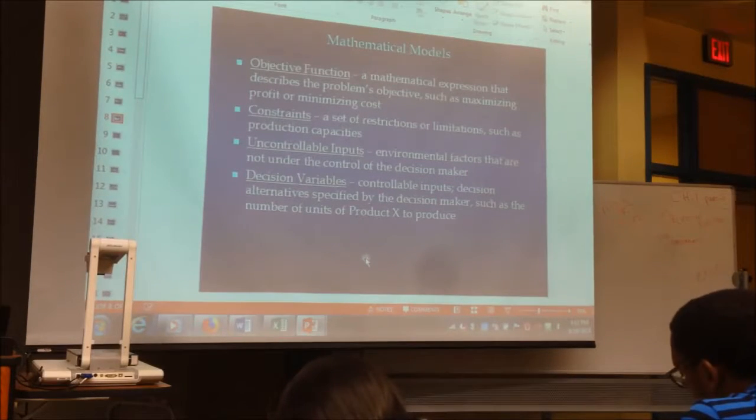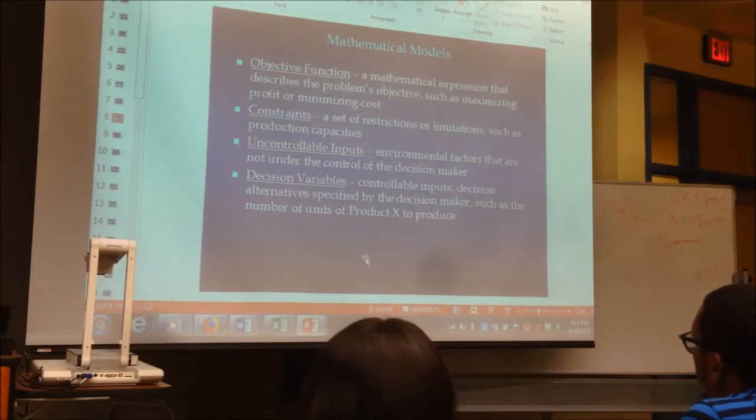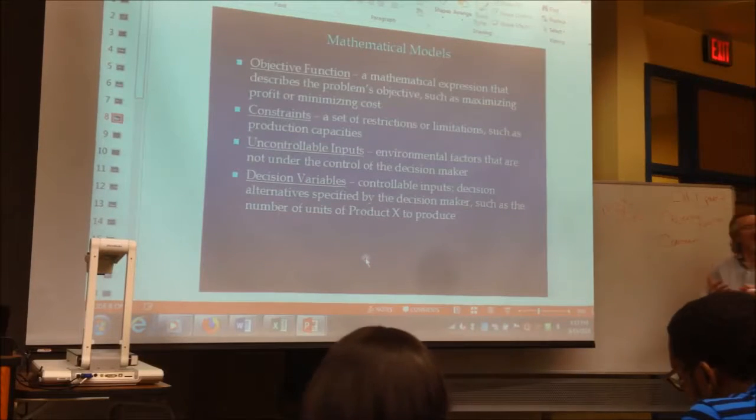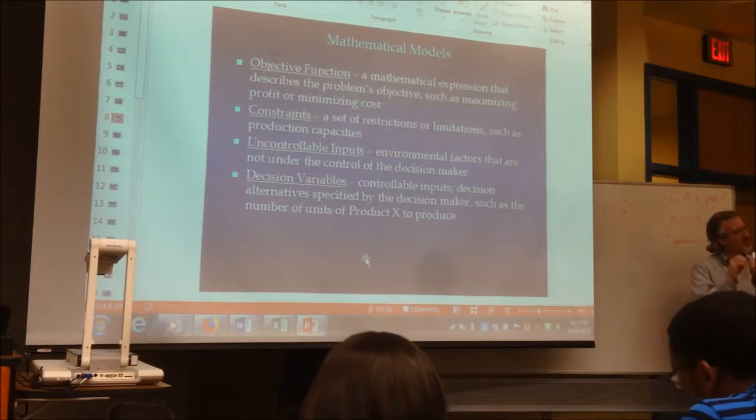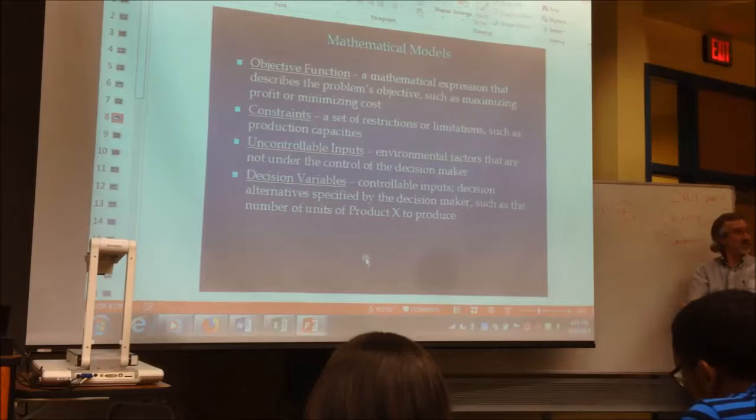For example, if it says this company wants to keep its costs as low as possible, that's the objective right there. You should say, okay, they're trying to keep their costs low, so the objective function must be a minimization. That makes sense, minimizing a cost.